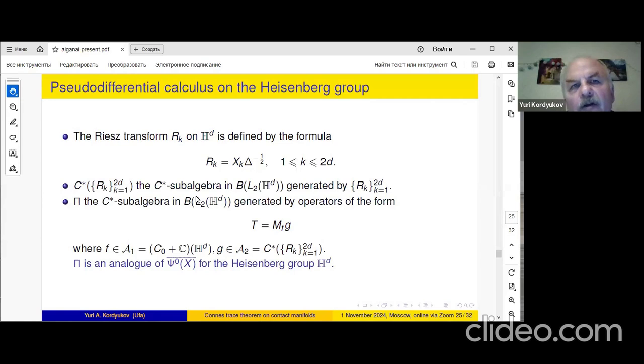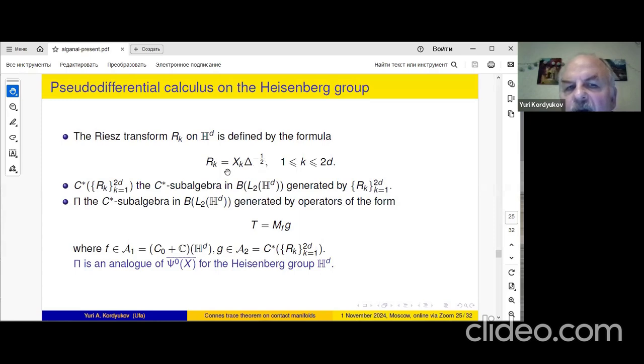And the starting point for pseudodifferential calculus on the Heisenberg group, and for Euclidean space as well, is the so-called Riesz transform, which is defined by this operator. We take the sub-Laplacian, take the power -1/2 and multiply by x.